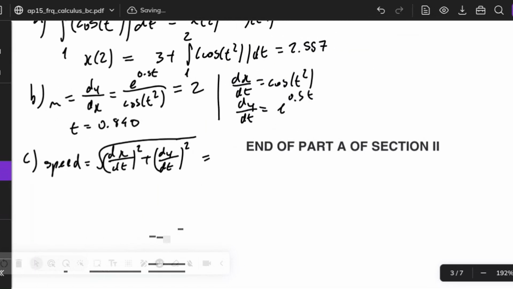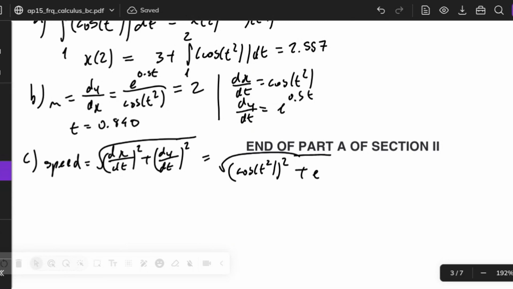So this means we're taking the square root of cosine t squared plus e to the t, because e to the 1/2 t squared is just going to be e to the t.